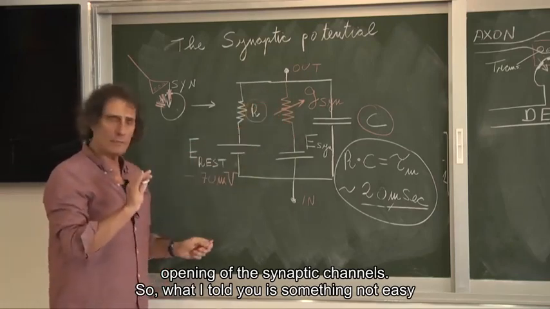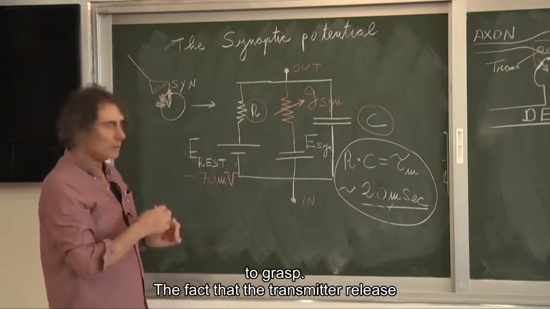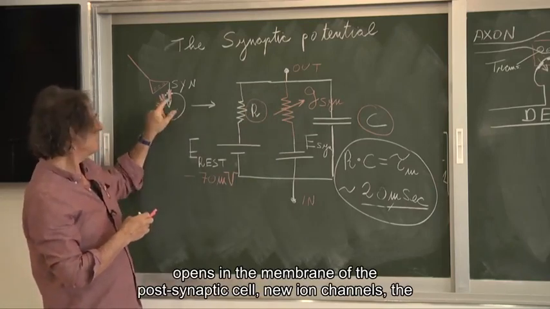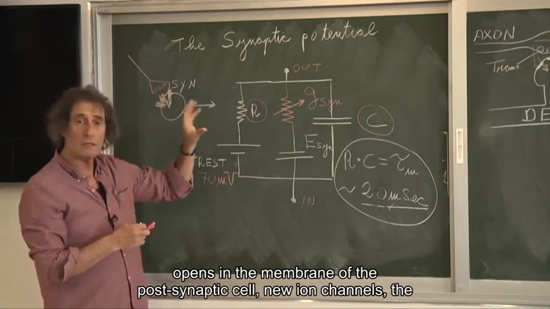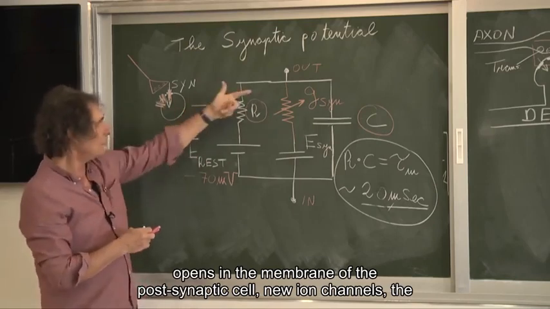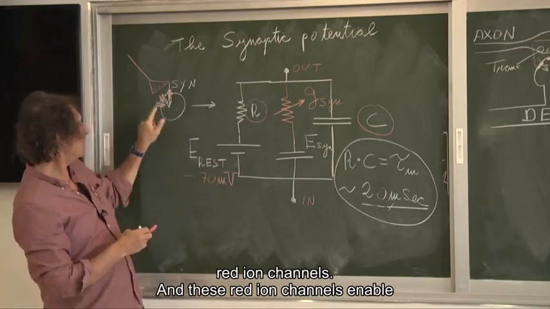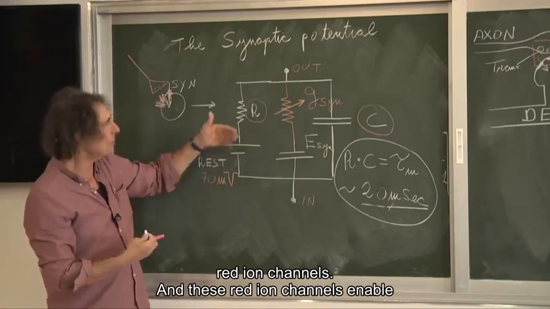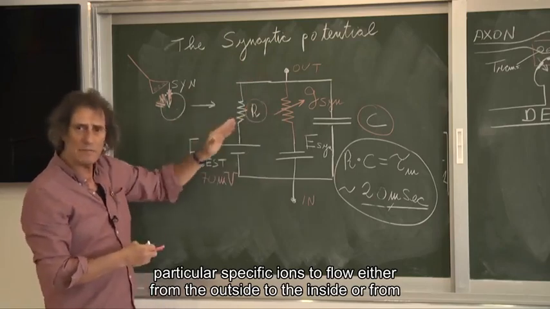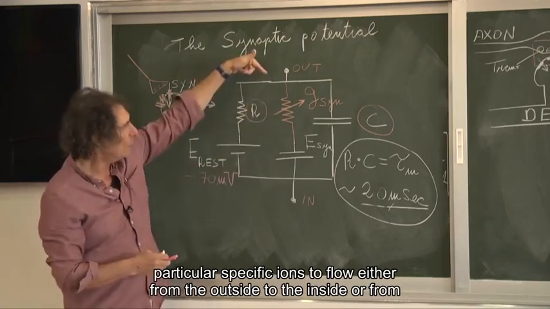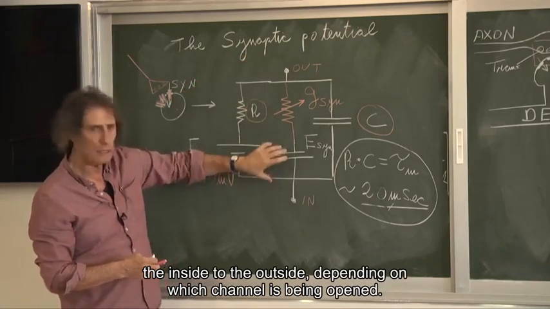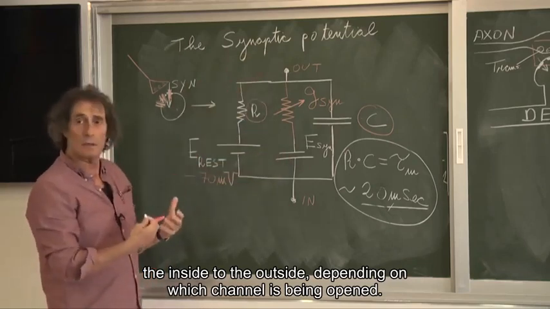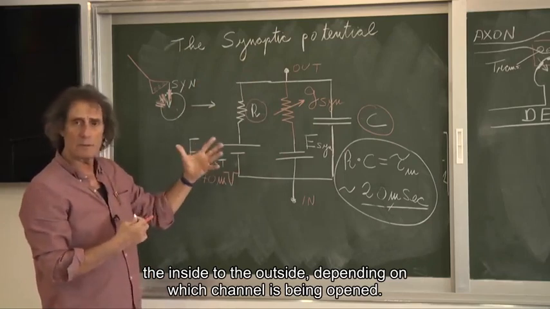So what I told you is not easy to grasp. The fact that the transmitter release opens in the membrane of the postsynaptic cell new ion channels, the red ion channels. And these red ion channels enable particular specific ions to flow either from the outside to the inside or from the inside to the outside, depending on which channel is being opened.